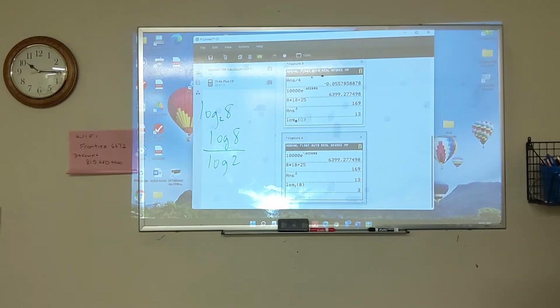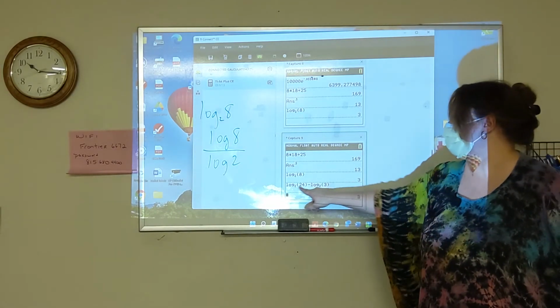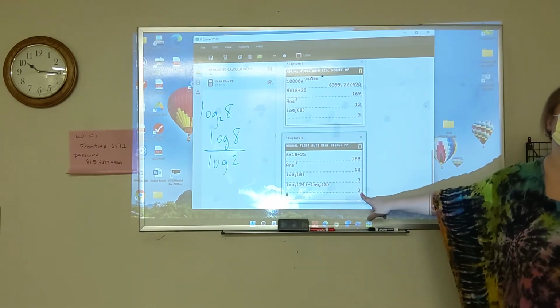So math, arrow down, log base. Once you put it in, if you're using the log base function, it should look like this, and you should get 3 again.